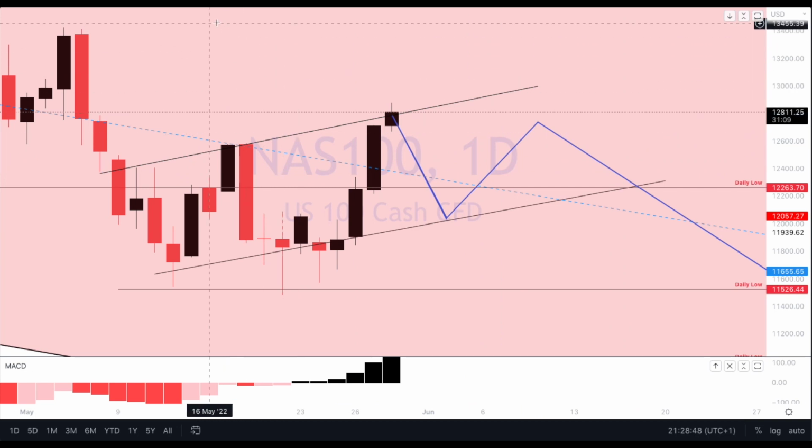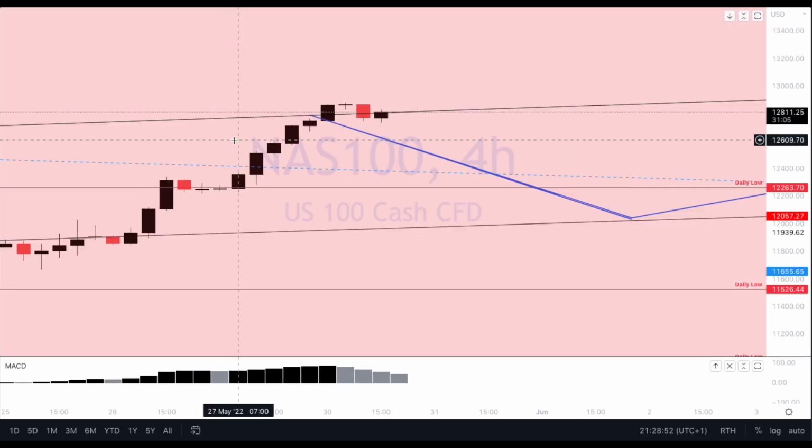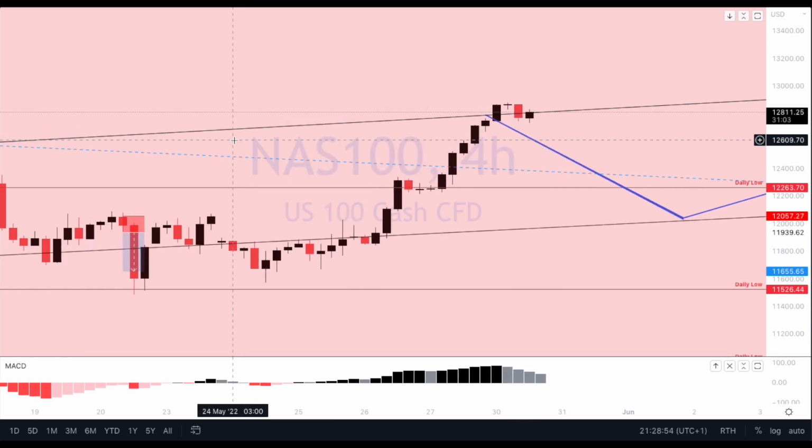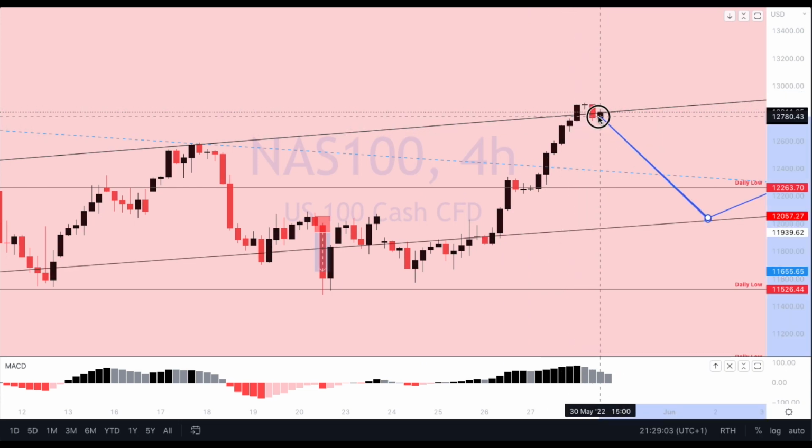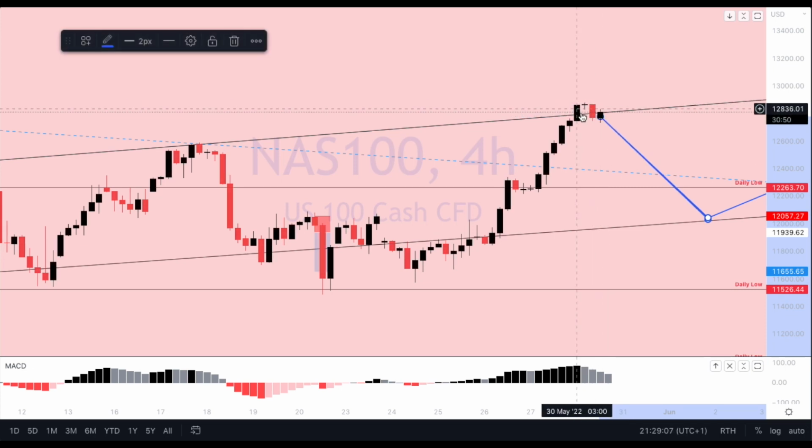And we're going to go into a lower time frame. So first, we're going to look at the 4 hourly just to get an idea as to what's happening. Okay, and the structure that we've got at the top on the 4 hourly can somewhat deceive. So I wouldn't be too quick to start putting in sells at this level until we get a clear confirmation that it's breaking to the downside.